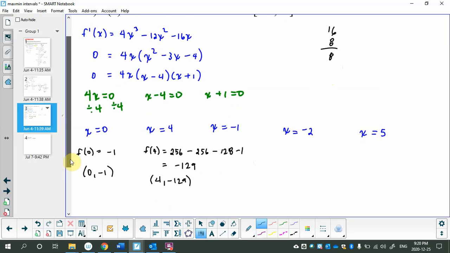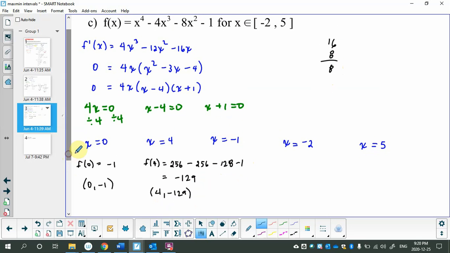Let's take a look at negative 1 now. Did that work here? Oh no. All that work for nothing.